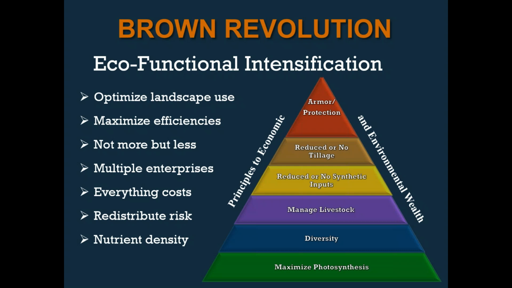One is reducing or eliminating tillage, so going to no-till or reduced-till types of systems, so that you're reducing soil disturbance and you're reducing the destruction of soil structure and the off-gassing of organic matter. When we do tillage, we get a huge release of carbon from the soils, so we want to reduce tillage. And then you want to protect the surface of the soil by having residue or armor left on the surface.